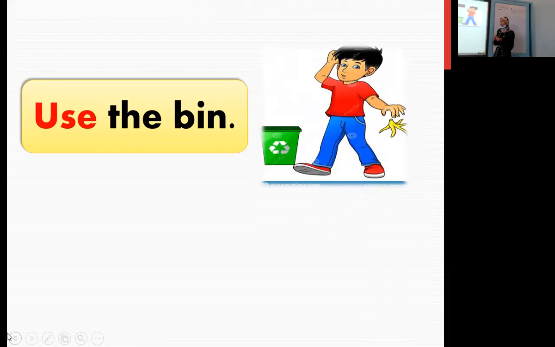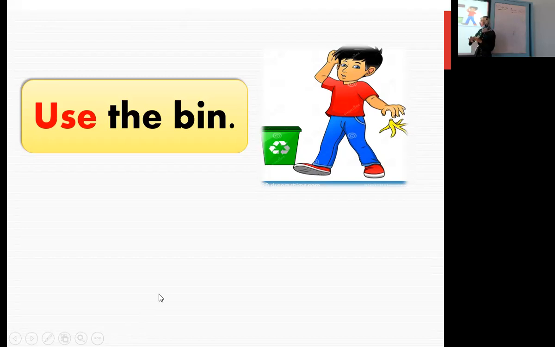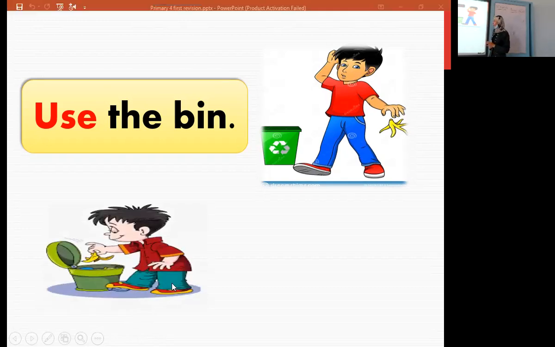We can tell him that you have to use the bin. Use, like what I have just said. Study, work, play, the verb without addition. We cannot say using or uses. We have to put the verb in imperative. Use the bin, like this.